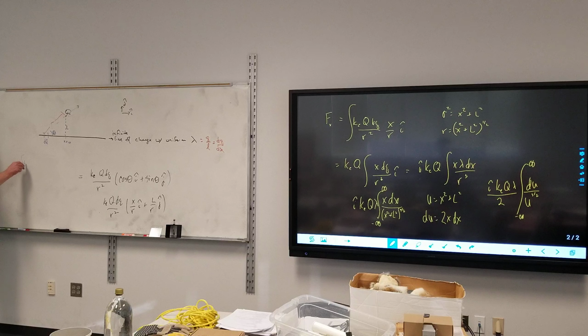So the integral of u to the negative 3/2 du. Flashback to math, doing anti-derivatives.